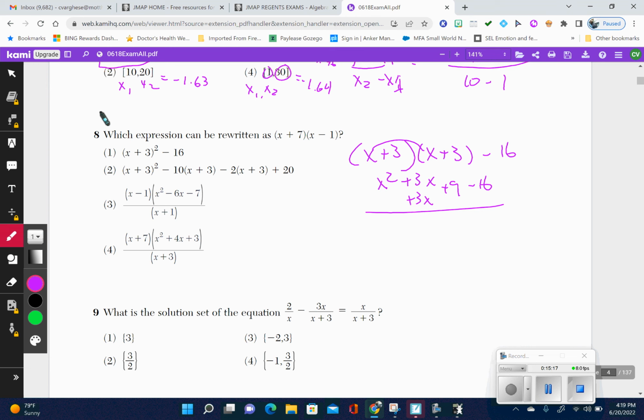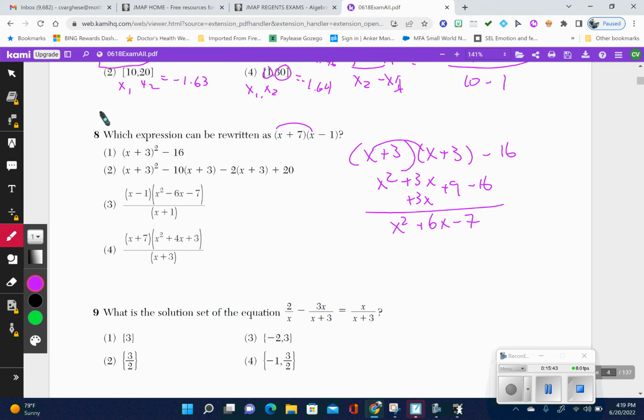So that final answer, when you do it, is going to be x squared plus 6x. 9 minus 16 is going to give me negative 7, right? Yeah, negative 7. And then if I want to see which one can be rewritten as this, let's see if this right here is equal to that.